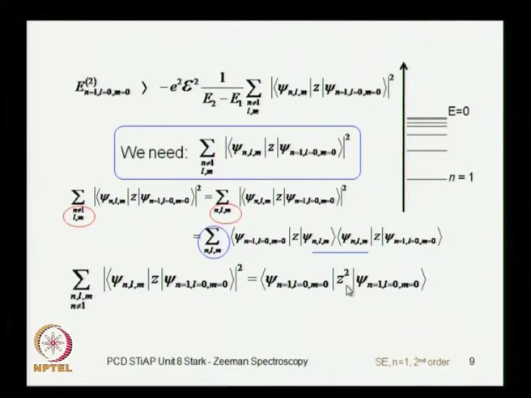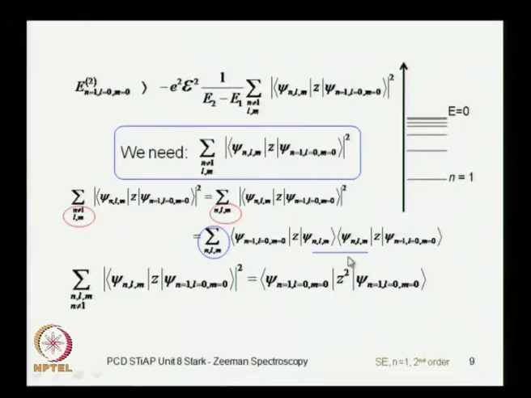And that is possible because we have included the n equal to 1 state. So, we recognize the resolution of unity, and we find that what we are looking at is essentially not the product of the matrix elements of Z, but actually the matrix element of Z squared. So, there is a Z to the power 1 here and a Z to the power 1 here.